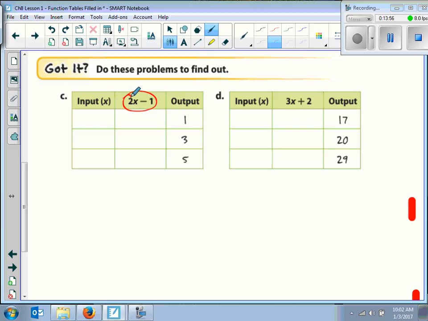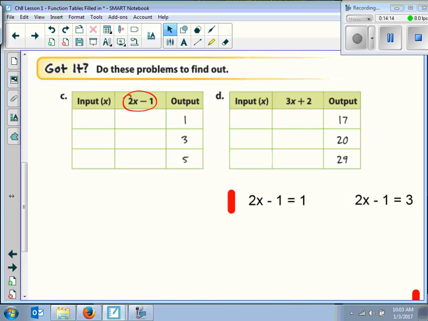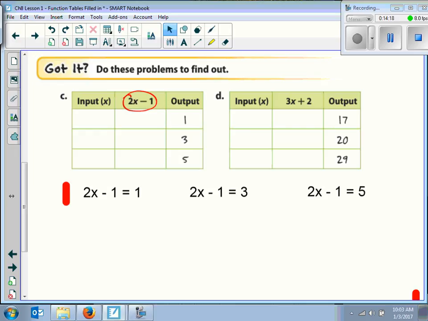If I did 2x minus 1, I could get 1. I could get 3. And I could get 5. So we're going to write those 3 equations and solve for the input. Okay? So, there are the equations.